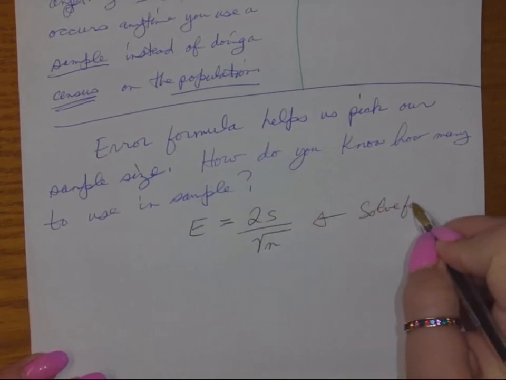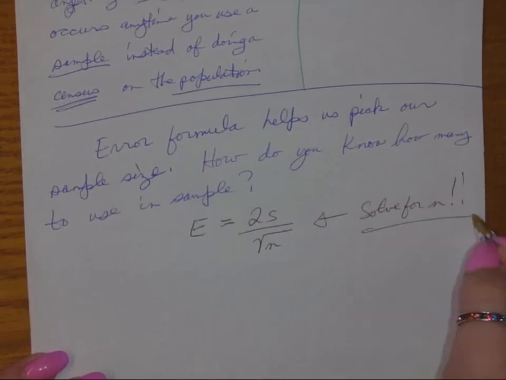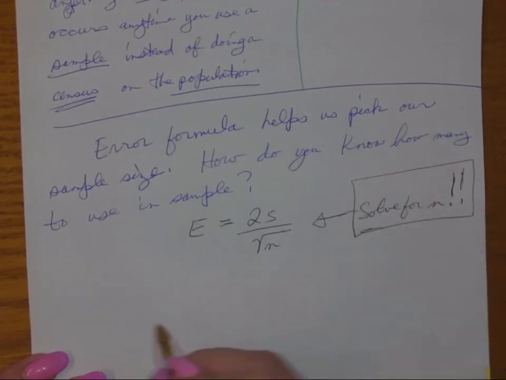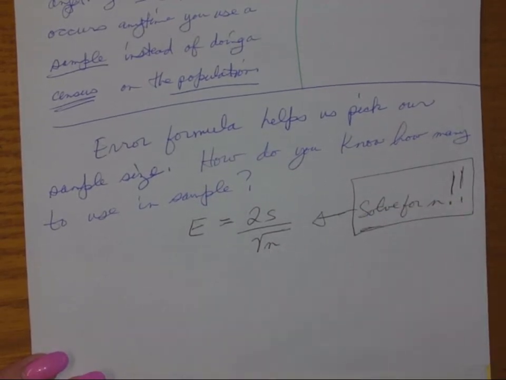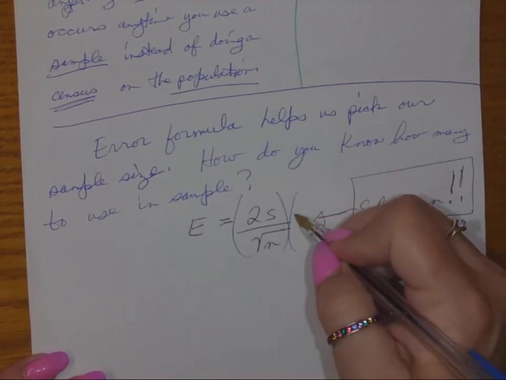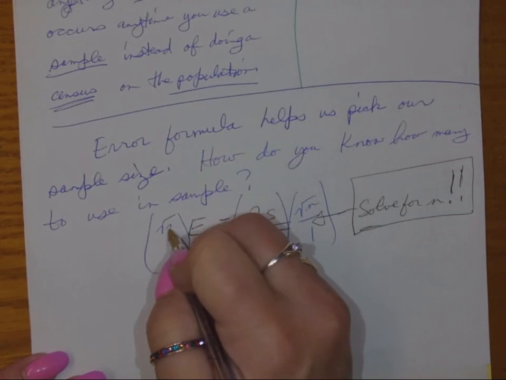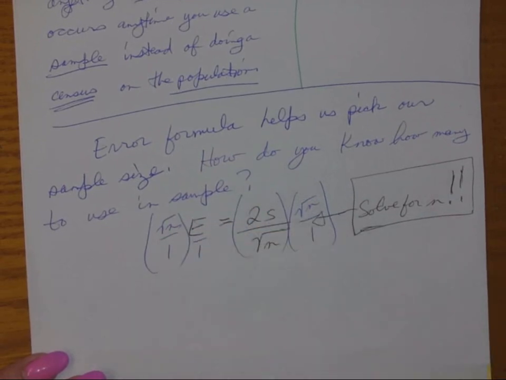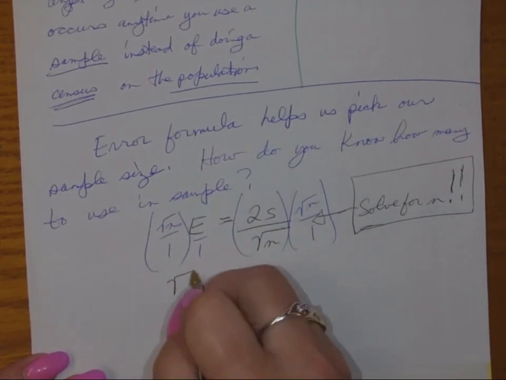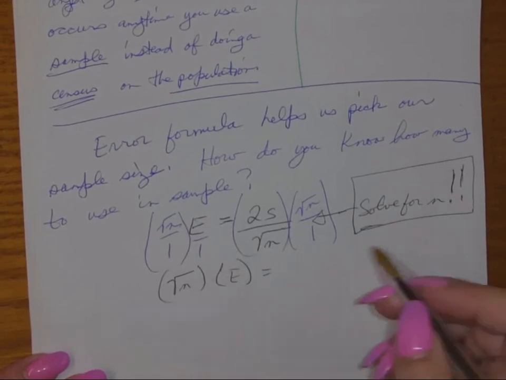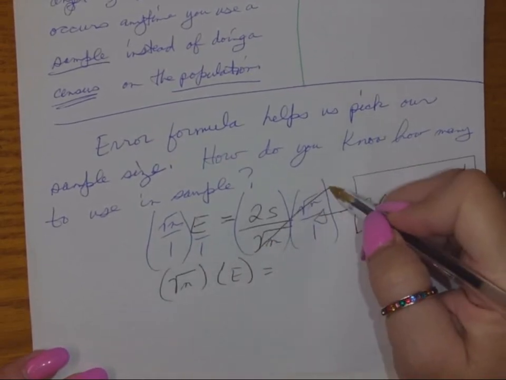So what would I do? Multiply both sides by square root of n. Square root of n over 1. That gives me the square root of n times E is equal to, these guys go away, right? So 2s.